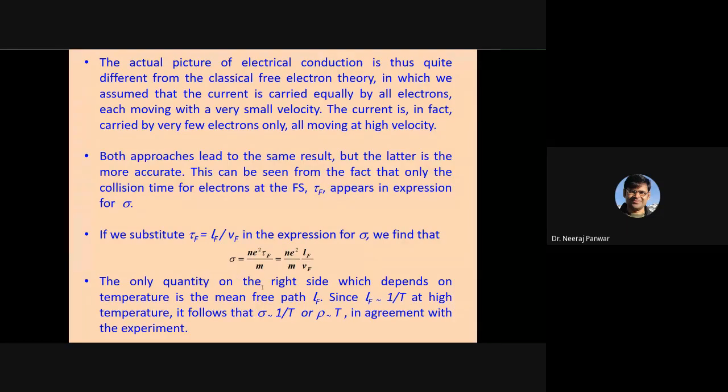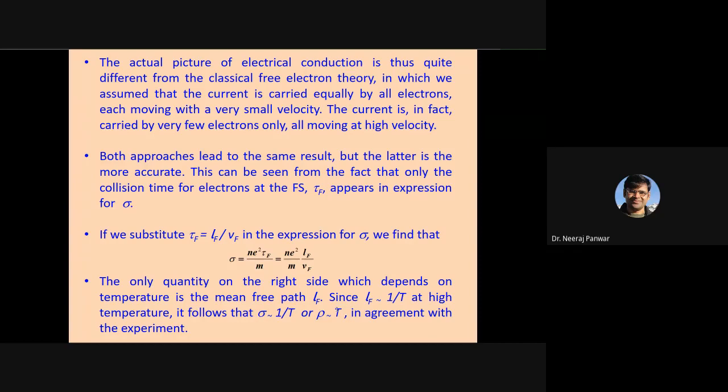The only quantity on the right hand side which depends upon temperature is this LF. Only this quantity depends upon temperature, and LF varies as 1 upon T. So since LF varies as 1 upon T, sigma is going to vary as 1 upon T, or rho is going to be proportional to temperature.